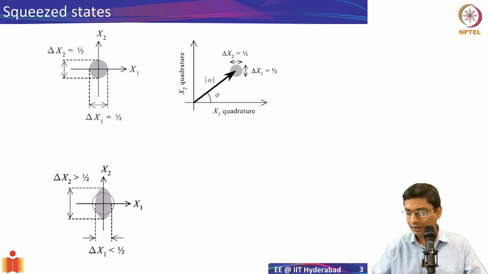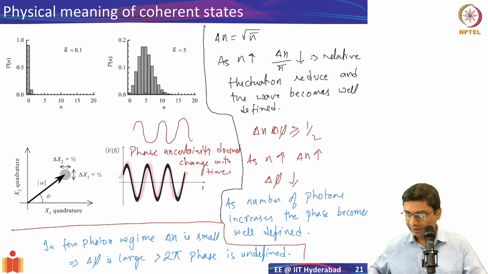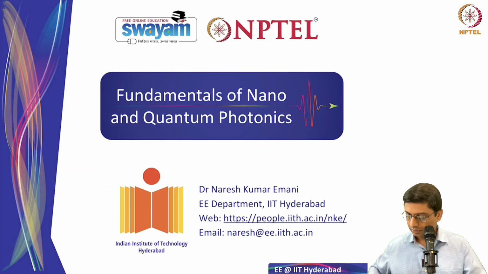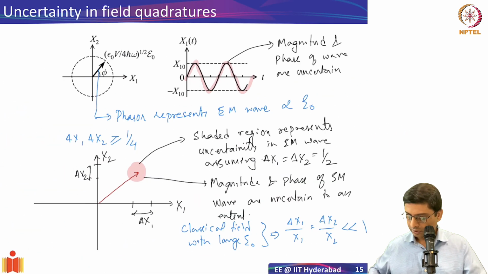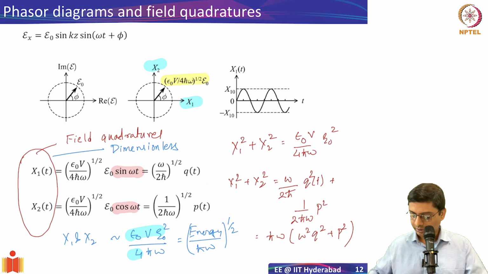If you look back at the definition that we gave last week, let me try to find that. Yeah, here. The x1 quadrature is essentially defined in terms of sine omega t, and it is related to the generalized position.